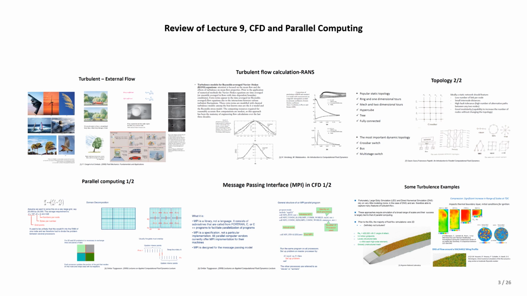Then we had a very short review on the topology, which is required when we are doing CFD with HPC resources. We took a look at the static and dynamic categories, and the topologies that are available in these two categories.